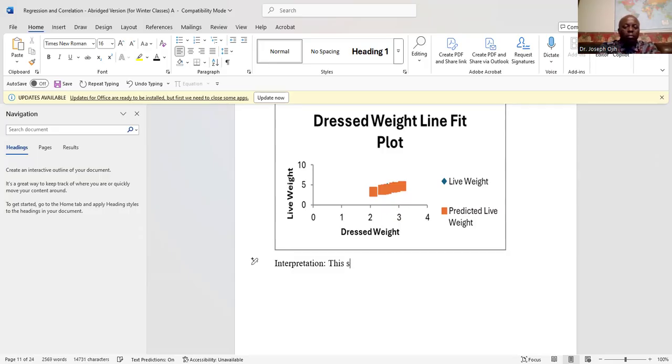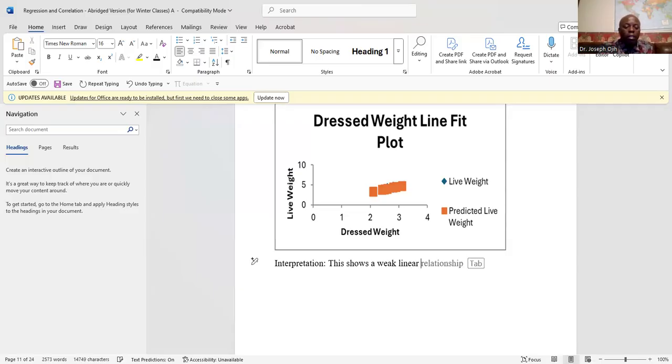I would say weak, because it wasn't too vertical, like we expected it to be.